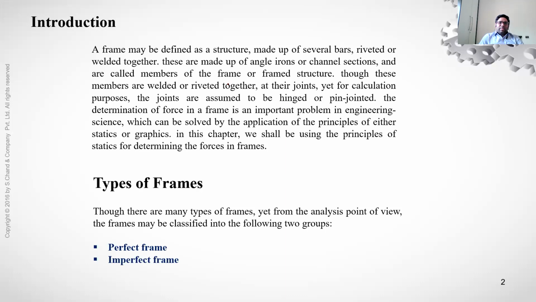A frame may be defined as a structure that is made up of several bars, rivets, weld connections together with different sections, and they are called members of the framed structure. Though these members are not welded or riveted together at their joints, for calculation purposes we name it a frame and try to solve it.